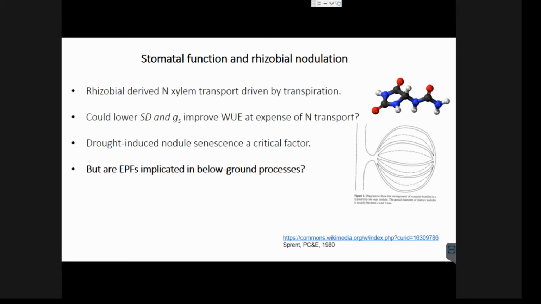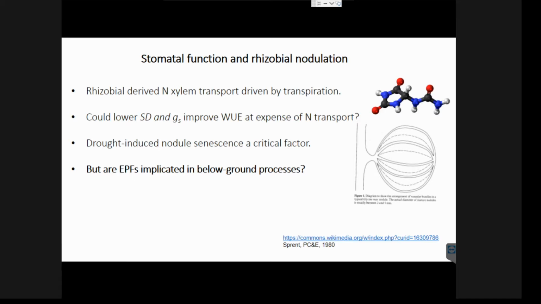Rhizobial-derived nitrogen is transported in the xylem. So if you modify transpiration processes, are we going to negatively impact nitrogen transport from the rhizobia? And this is something that's a big worry for us. Could lower stomatal density, lower stomatal conductance, improve water use efficiency, but at the same time make a crop that's really rubbish for the farmer?